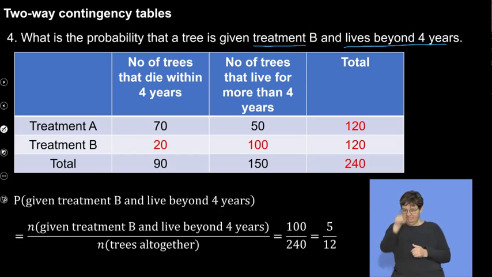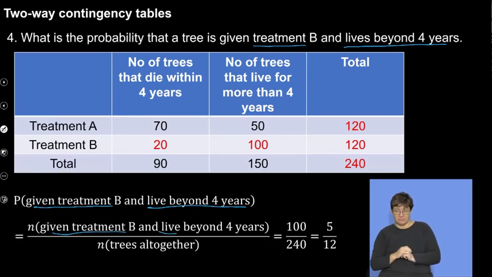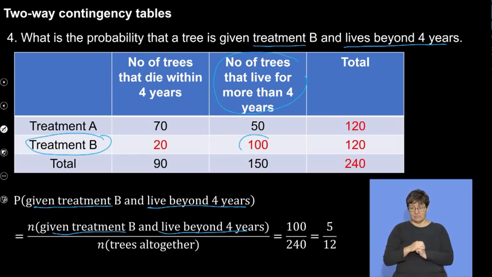So this will be the number given treatment B and living beyond 4 years, which is 100. That's the number there. Can you see that? That's the intersection between treatment B and living beyond 4 years. And we divide by the total, which is 240. And we get 5 out of 12.